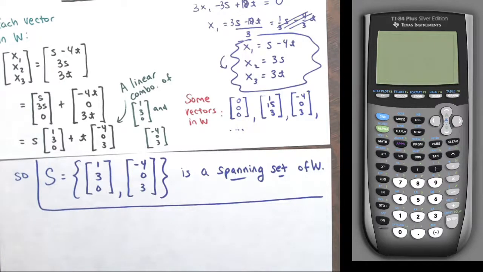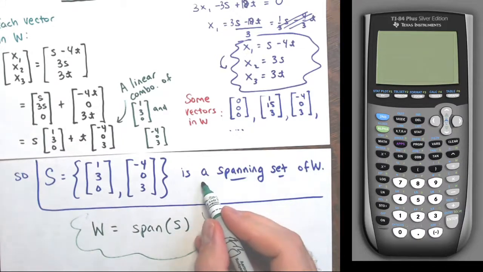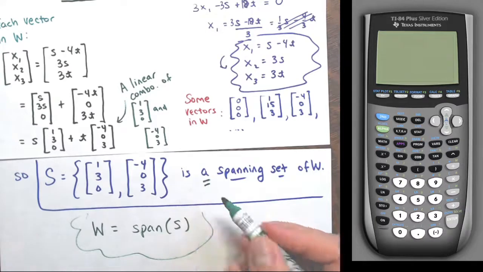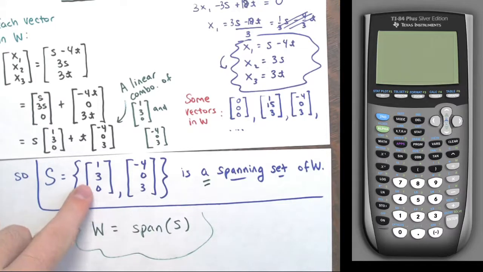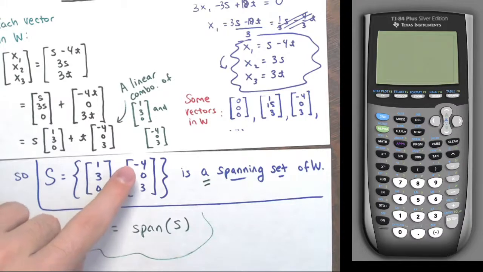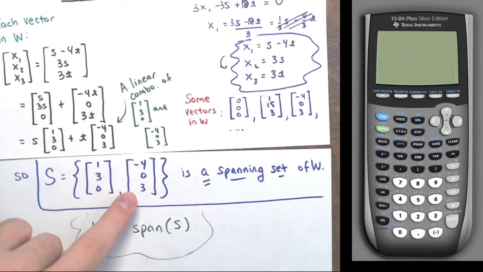And remember what that means. That means that W is equal to the span of this set. Every single vector in W is a linear combination of these two. All right, and again, I emphasize one more time, this is a spanning set, not the spanning set. Because I could throw in a different multiple of this, maybe 2, 6, 0, or a different multiple of this, negative 12, 0, 9, and that would be a spanning set as well.